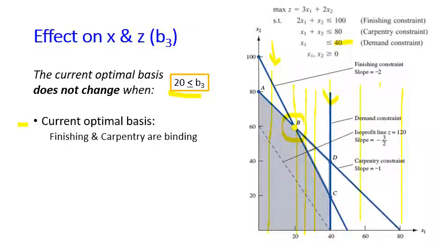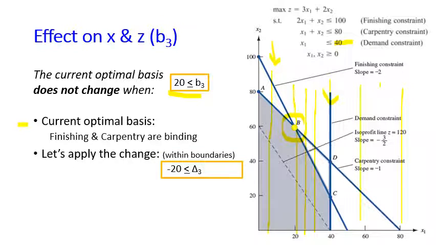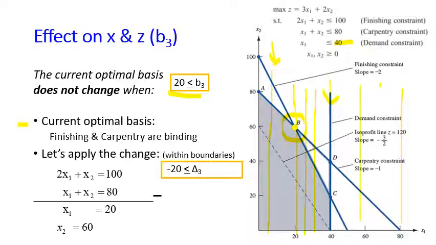This is our current basis, it just involves finishing and carpentry constraints. So when we apply the change, in which delta 3 is greater than or equal to minus 20, we can see that delta 3 does not affect our equations, because this is about finishing, this is about carpentry. Delta 3 is about demand, so of course it is not involved in these two values here.